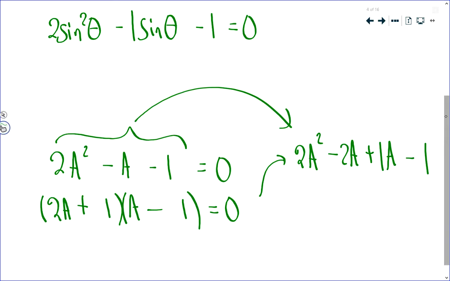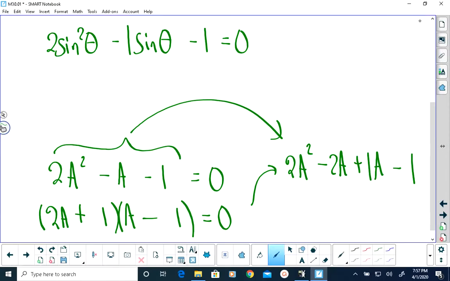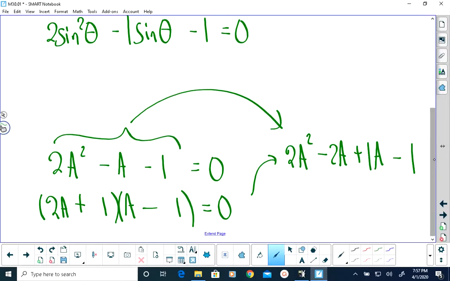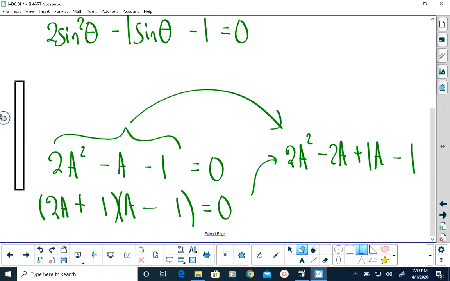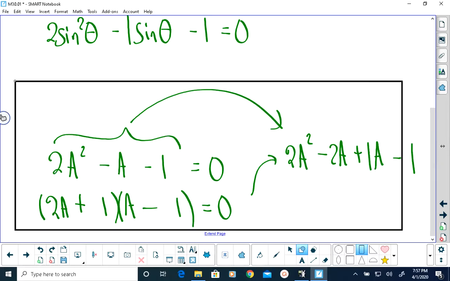And the point I would like to make here, everybody, is that you already know how to factor these expressions. You already know how to factor expressions that are quadratic.